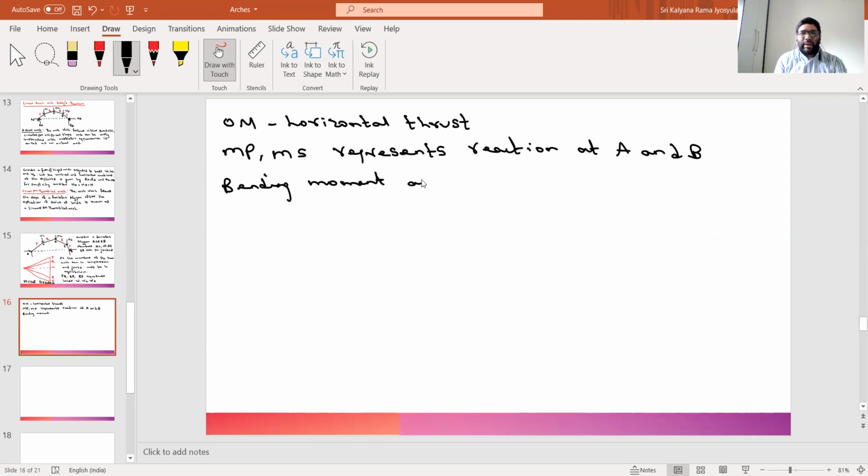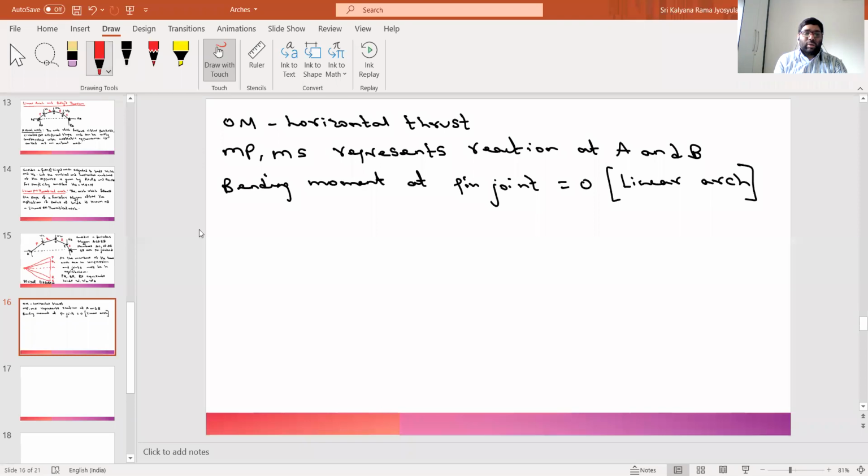This is for the linear arch, not the actual one, because it takes the shape of a funicular polygon.